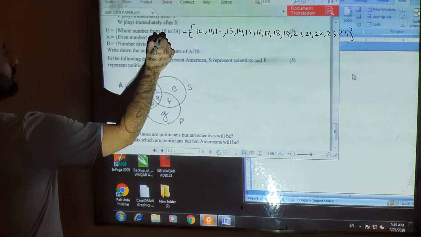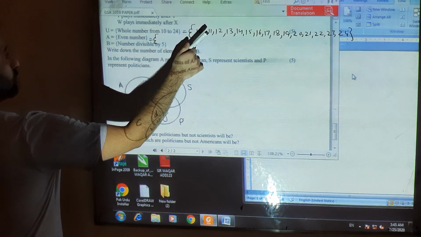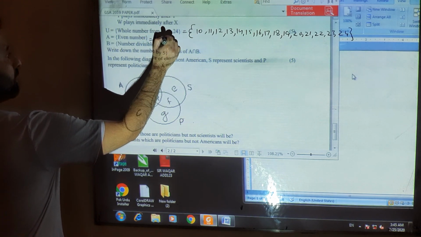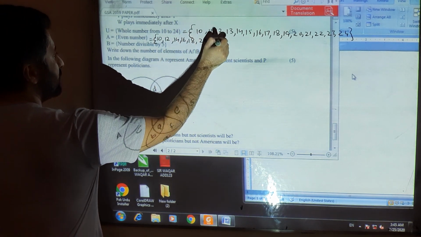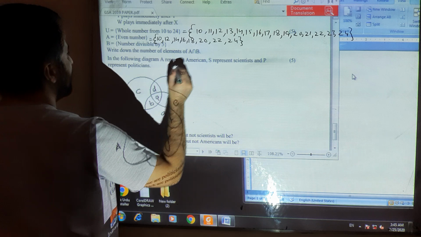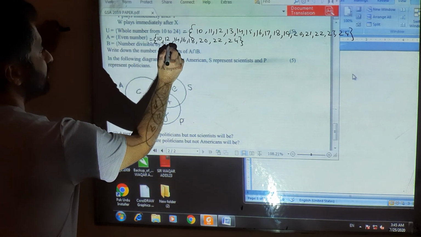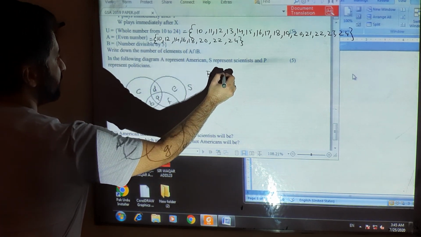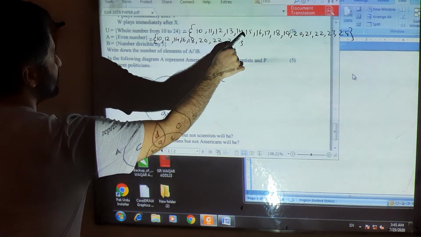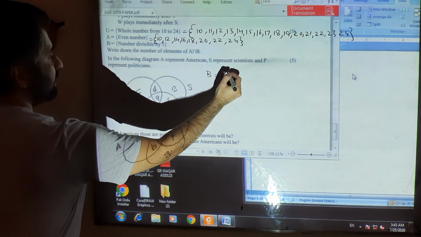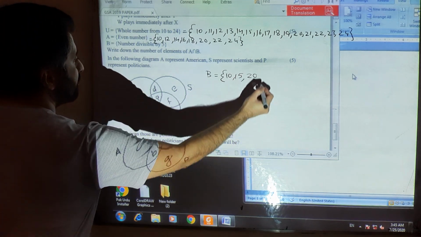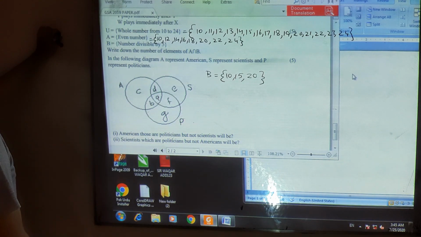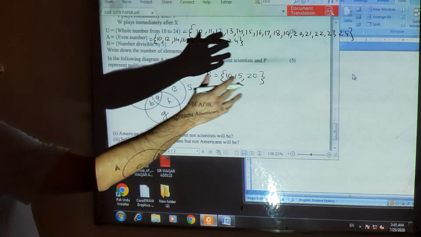A is even numbers, so that should be 10, 12, 14, 16, 18, 20, 22, 24. B is numbers divisible by 5, from this universal set: 10, 15, 20, we don't have 25.